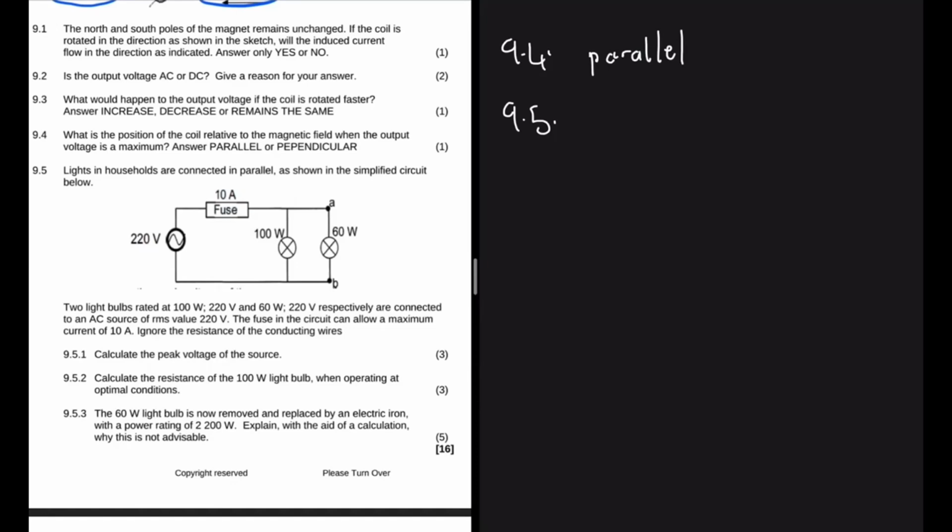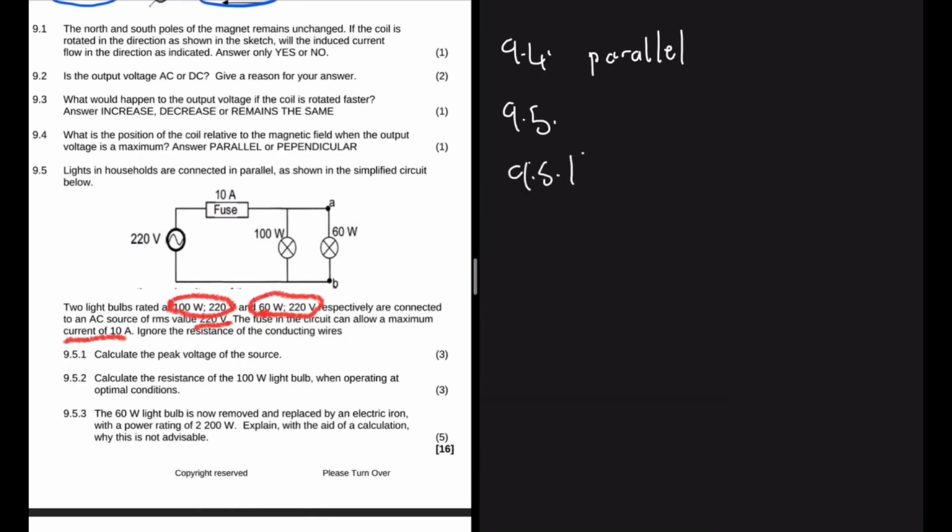So we are told that we have two large bulbs, one rated 100 watts and 220 volts, and then we have another one, 60 watts 220 volts, respectively connected to an AC source of RMS 220 volts, and then the fuse in the circuit can only allow a maximum of 10 amps. And then let's ignore the resistance of the conducting wires.